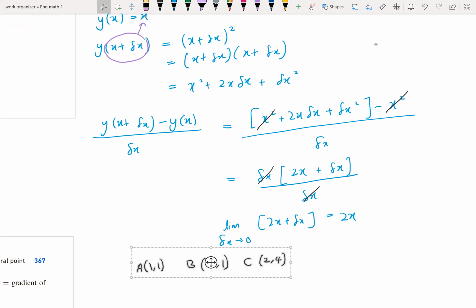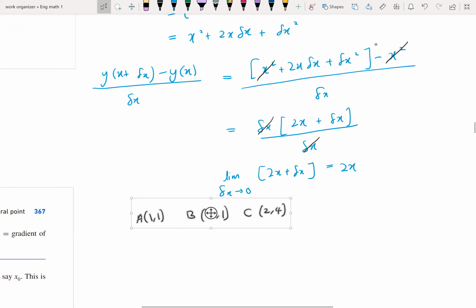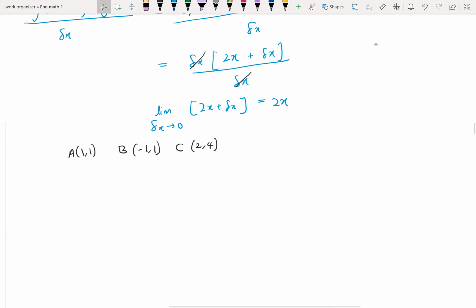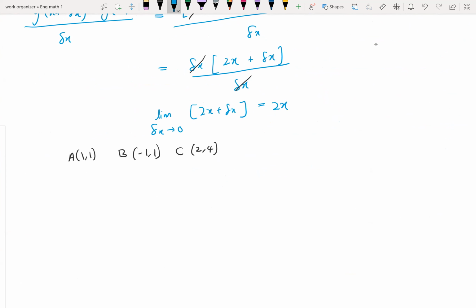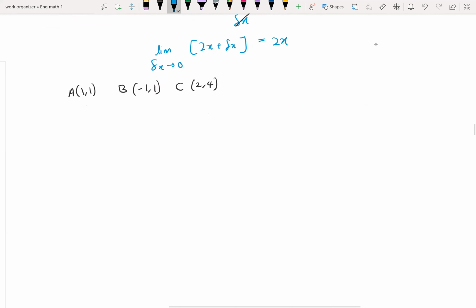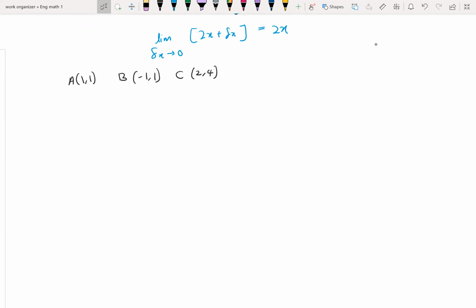So this is the coordinate. At A, (1, 1) means x is equal to 1.